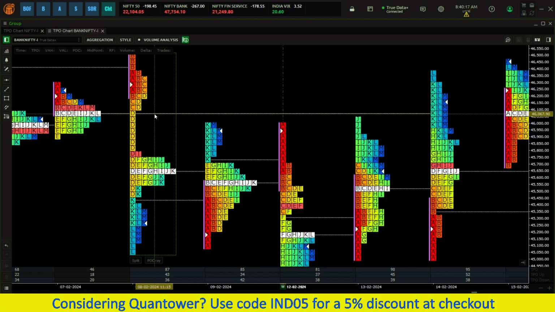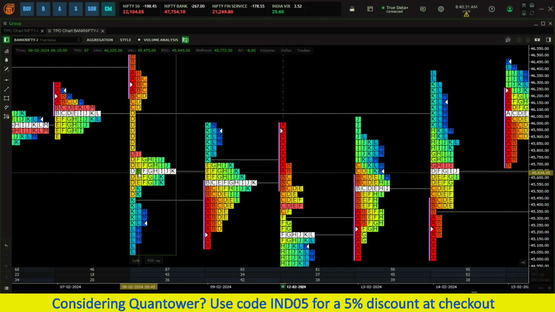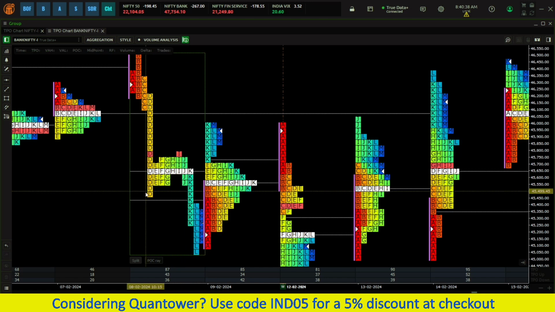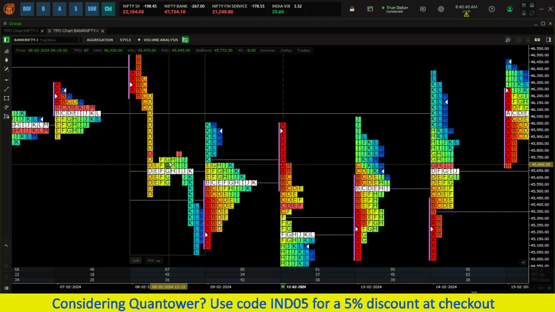Hope you understood. In the trendy, I personally look for very thin profiles. In trendy days there will be no or very few pullbacks, but in double distributions we have decent pullbacks. If you see, even from this stage, there is almost a 330 or 320 point pullback from this D period low.